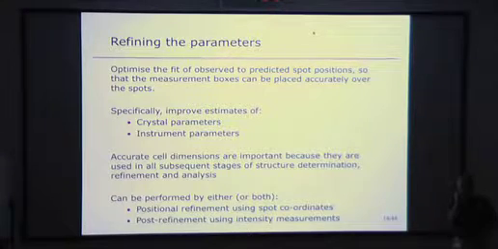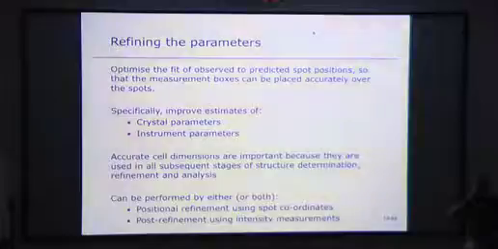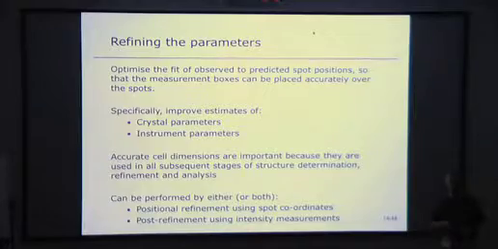Okay, I said earlier that indexing only gives you approximations to the values. And what we want to do is refine these parameters that we've obtained from the indexing and also our machine parameters as well, which may not be very close to their true values. Refining parameters is merely the optimization of the fit of the observed to the predicted spot positions, so that when we come to the integration, we can put our measurement boxes over the spot positions.